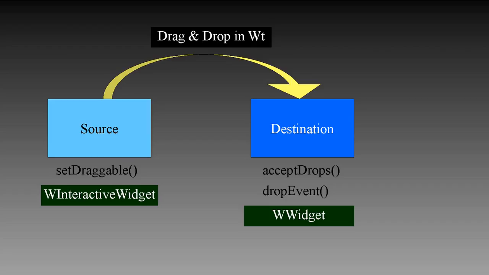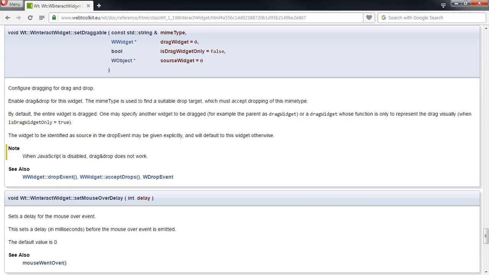And when we look at accept drops, that also takes a MIME type for the destination. If you set the MIME type for the destination, it says, okay, I'll accept any widget that has that MIME type. So that's why we set the MIME type in set draggable, because it's kind of a key that says, okay, I can be dragged to this destination and only to this destination.